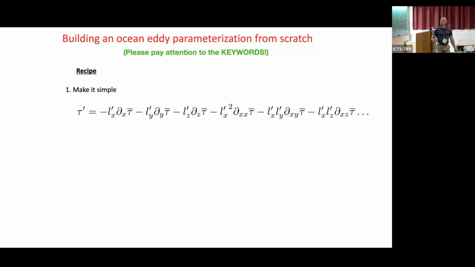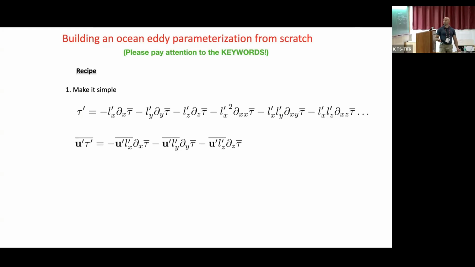So we have first order terms, we have second order terms, and so on and so on. Basically, the simplest recipe is to drop everything from second order and above, multiply by vector u prime, and then your bar average. And so you get something that looks like this.